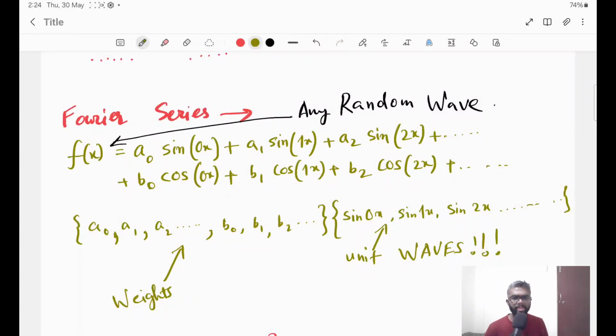This naturally brings the question, why is it true? It turns out that just like vectors, sine waves and cosine waves are also orthogonal to each other. Now wait a minute, what does orthogonality even mean in the case of waves? In the case of vectors, we were taking the dot product, but in the case of waves, we can't do any dot product, right?